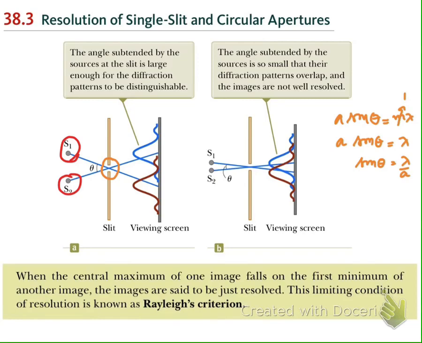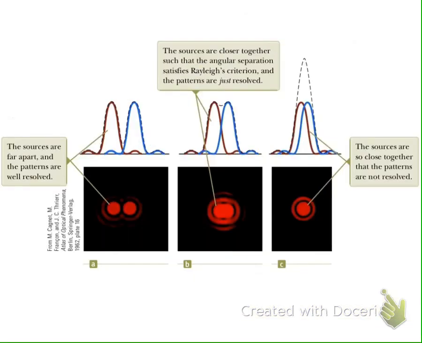So when you use an optical instrument, they have to specify the resolution of the instrument, that is, how large the separation between two objects needs to be so that you can resolve them. This is the example.